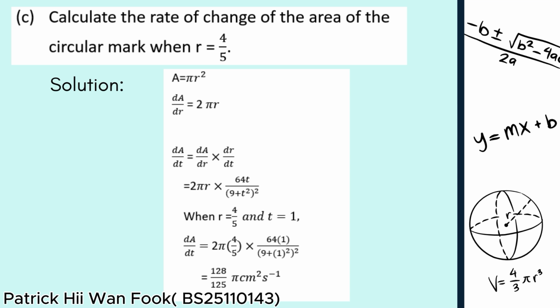After simplifying, we obtain dA/dt equals 113 pi over 135 centimetres squared per second.